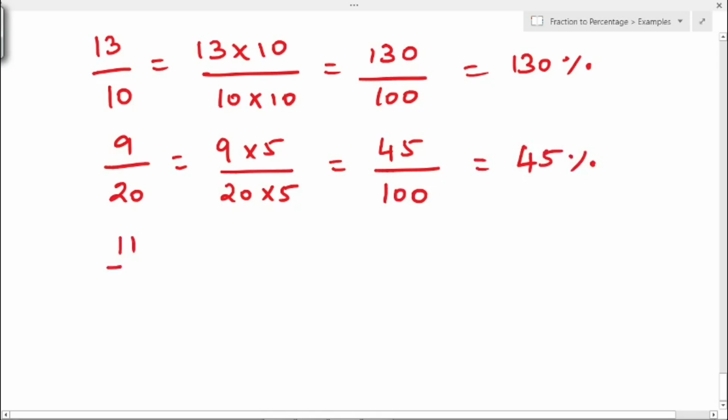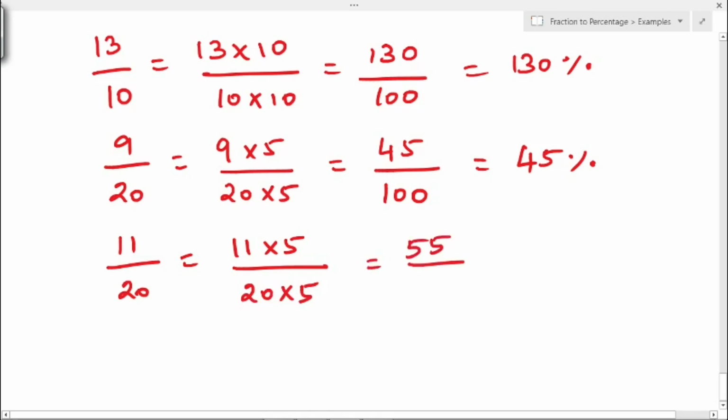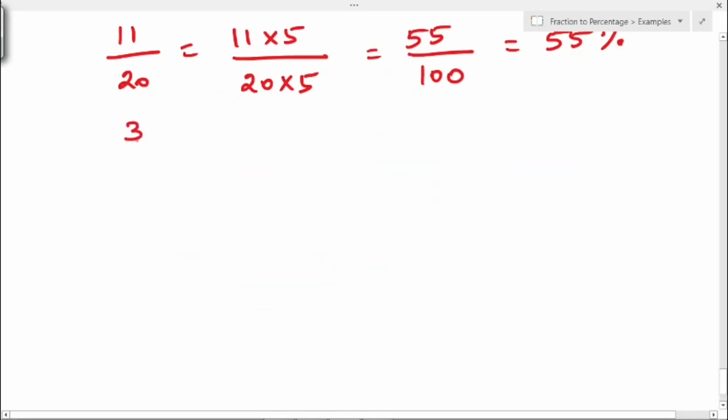Suppose we have 11 divided by 20, so again we have to multiply with 5. So 11 into 5 divided by 20 into 5. So 11 fives are 55 divided by 100. So the answer is 55%. Suppose we have 3 divided by 25. See here in the denominator we have 25. If you multiply with 4, you will get 100, right? So we have to multiply both the numerator and denominator with 4.